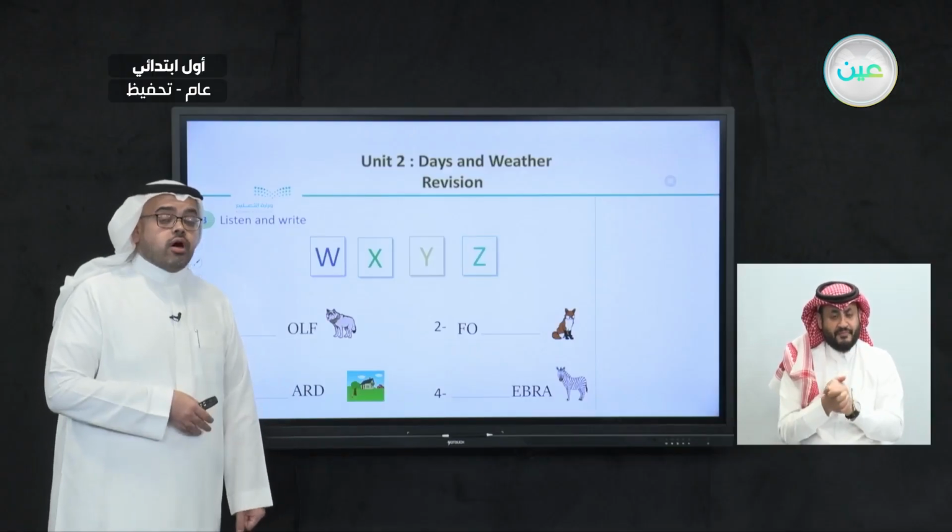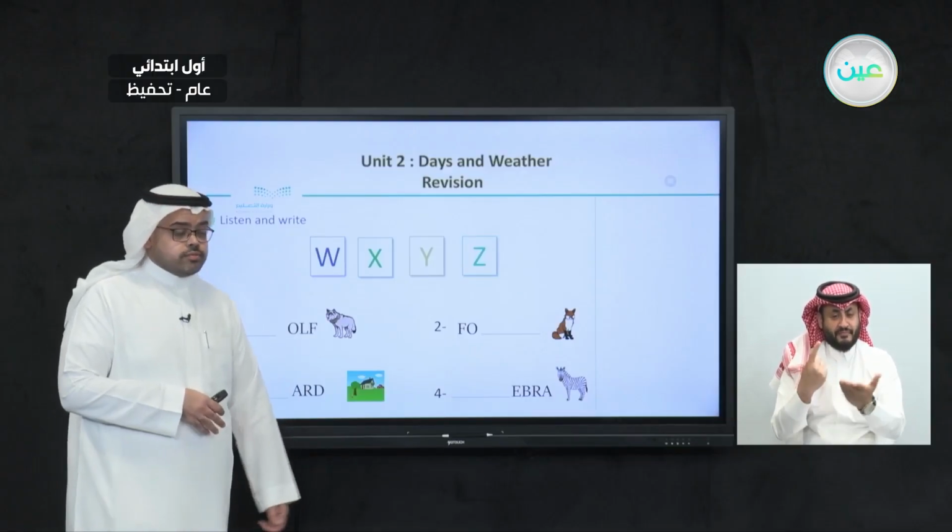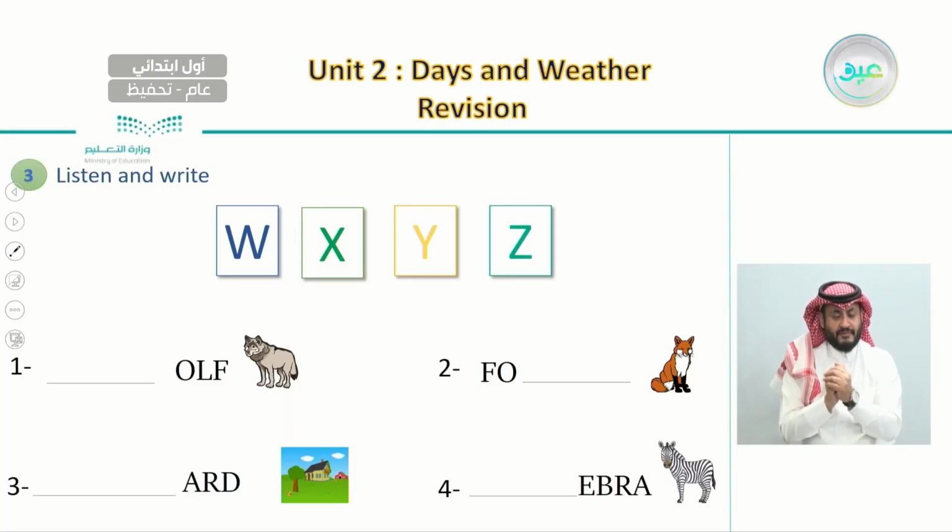So now let's start with the first word. Here we have the first word. We're going to listen to the word, and after we listen, we're going to choose what is the letter that we should start this word with. Is it W or X or Y or Z?